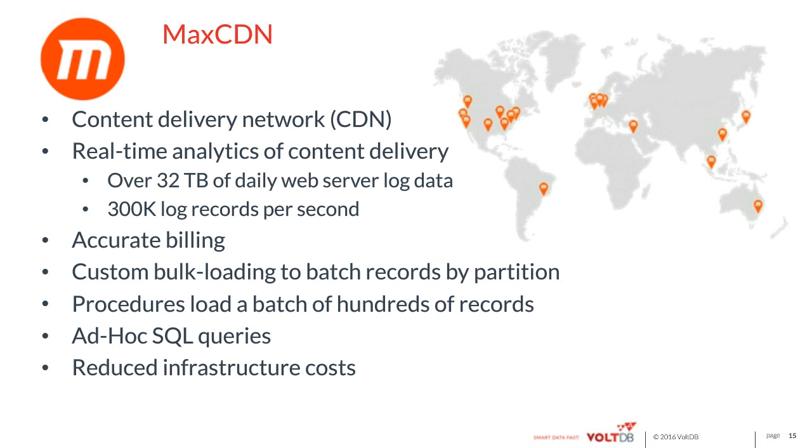So the bottom line came down to they would have needed 10 times more hardware than they needed with VoltDB to solve the same challenge with a stitched together open source solution. So not only is it actually delivering greater performance than what you would get with a disparate multi-layer architecture, but also you're able to reduce the infrastructure costs as well.